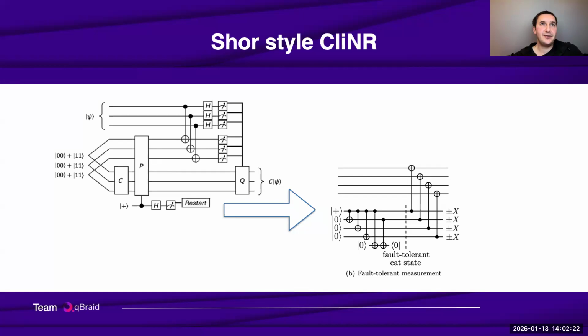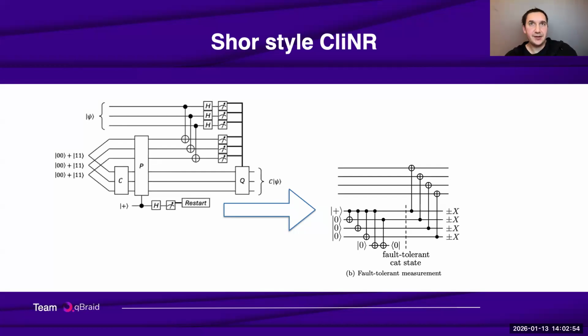And then you perform stabilizer measurement. That's the control P there. If that is not satisfied, then you restart your preparation process, the C and the control P part, until that is satisfied. Only after that, you do these CNOT gates between your state and this resource state. And then you apply an operation Q depending on the output.